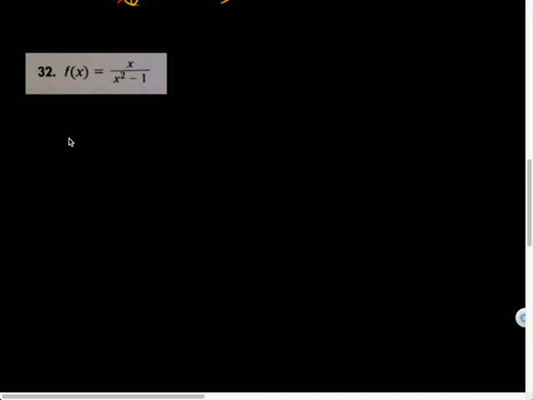The first thing that might be valuable in order for us to figure out domain and range is factoring this denominator. What does that factor to become? Yep, x plus 1, x minus 1. So that's helpful for figuring out the domain. So what values of x would break this?